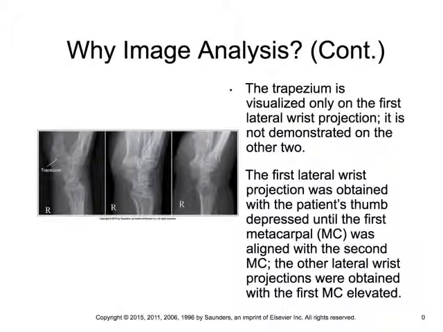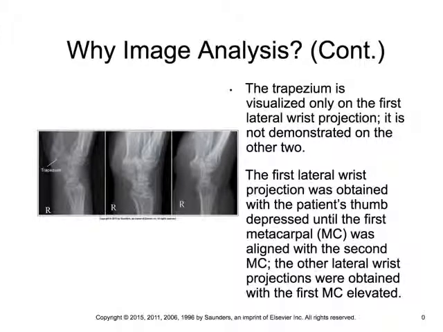So, here's another example. We're hoping to visualize the trapezium on lateral wrist x-rays. That's the only time we can see this bone, right? So, if we do not depress and move the thumb to where it's parallel with the metacarpal of the second digit, we will not be able to visualize the trapezium, right?